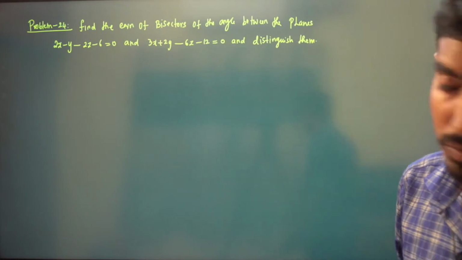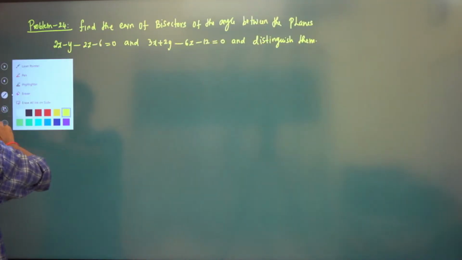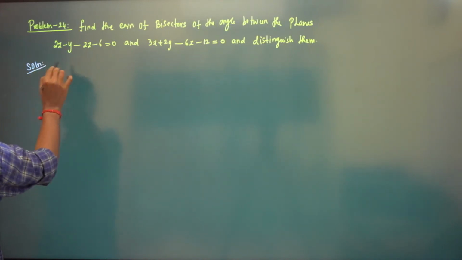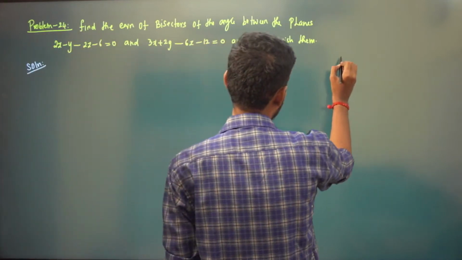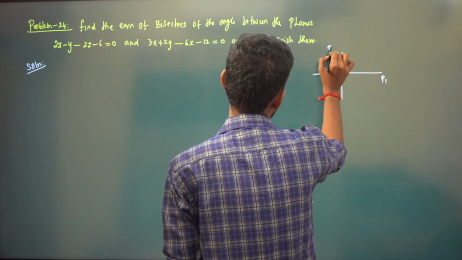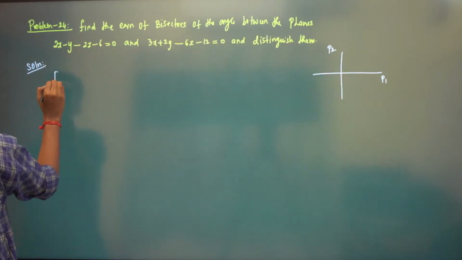That means we need to say which bisecting plane bisects the acute angle, obtuse angle and so on, right? Okay. So they are given two planes, P1 and P2. Now we will find the equation of bisecting planes. Now what is the first bisecting plane?